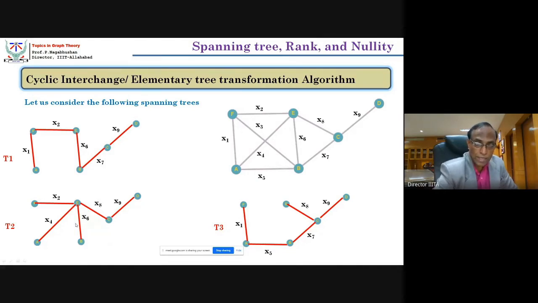What are the similarities? Let us say x2 is present, x2 is present. So that is a similarity. x6 is present here, x6 is present here. That is also a similarity. x9 is present here, x9 is present here. That's also a similarity. x8 is present here, x8 is not present here. So that is a dissimilarity. x4 is present here, x4 is not present here.